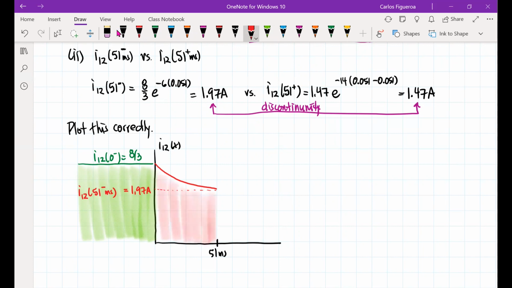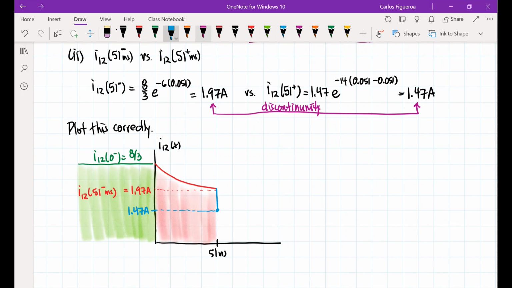And then all of a sudden, the next switch gets thrown. And as the next switch gets thrown here, this drops to a discontinuity. And this discontinuity right here has a value of 1.47 amps.